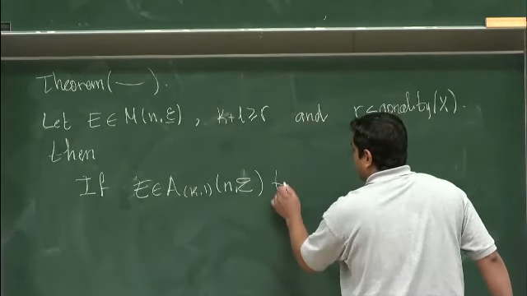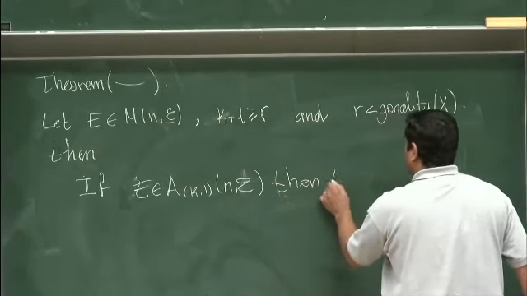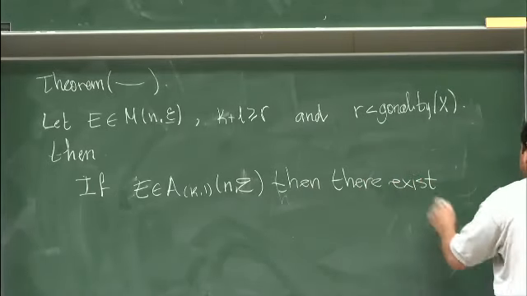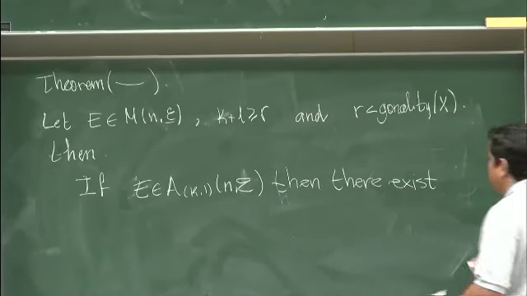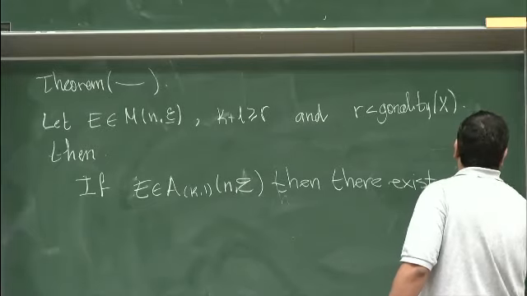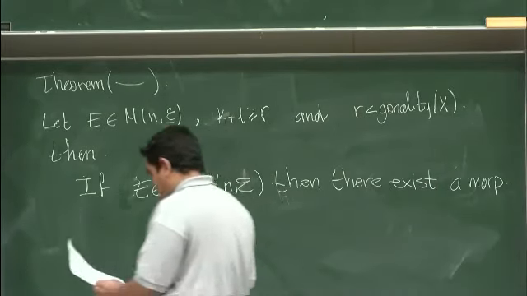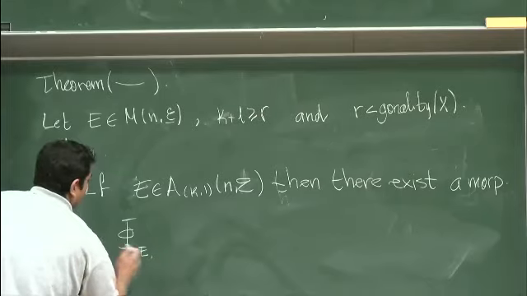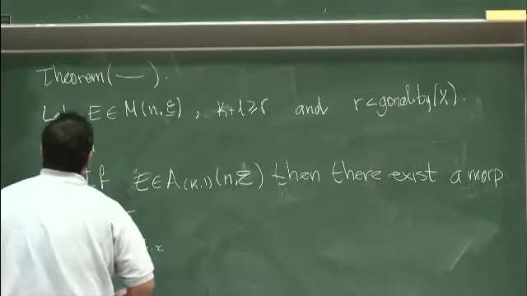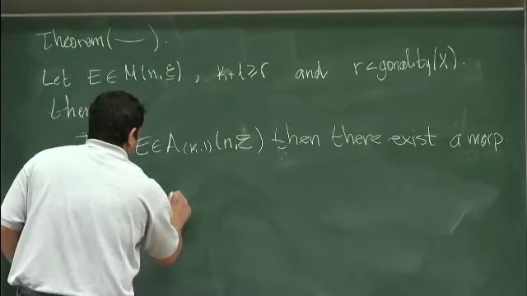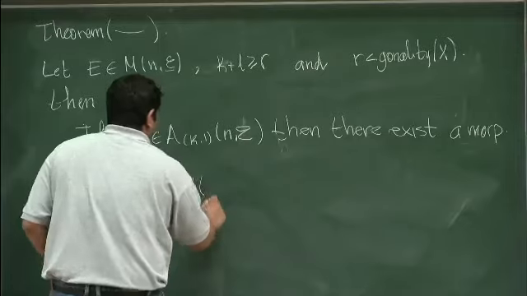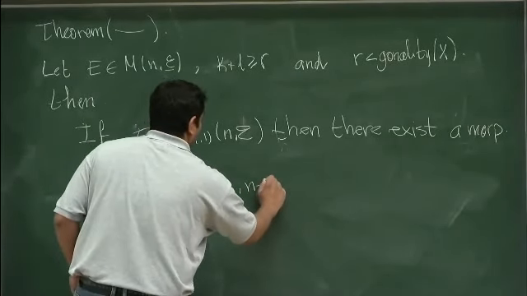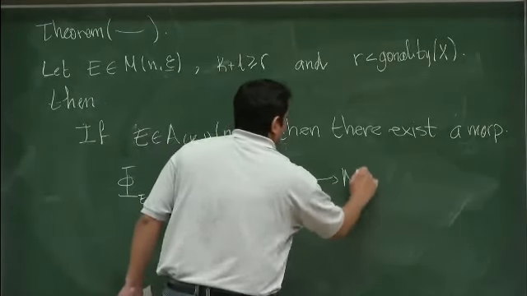Then there exists a morphism defined by the vector bundle at the point x to go from the Grassmannian of E_x, n minus R, to the moduli space.